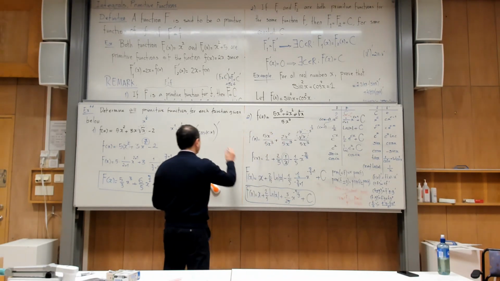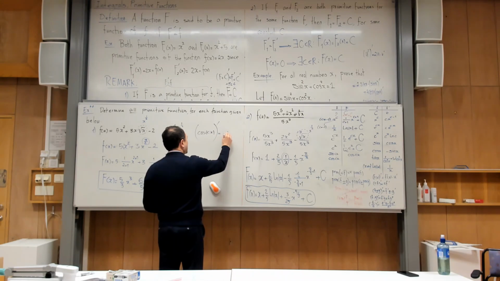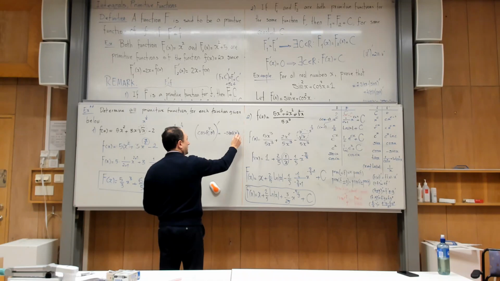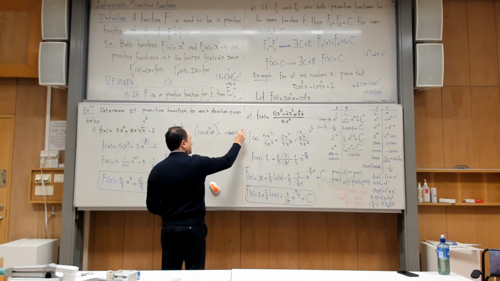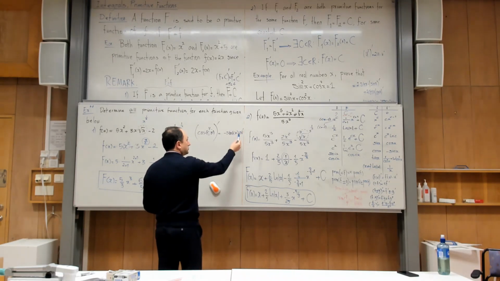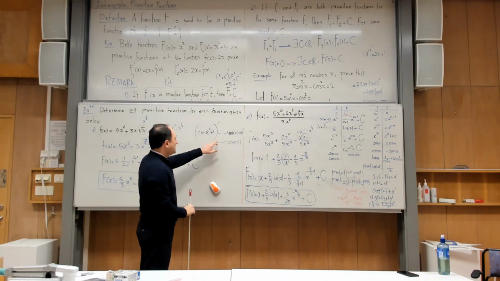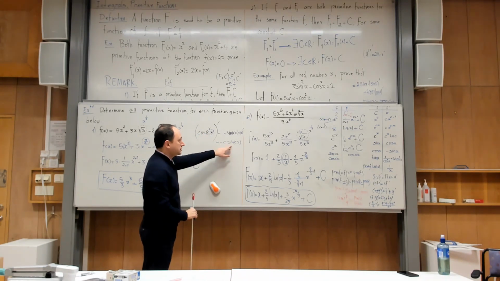So hopefully you agree that this is minus sine cx, because I have to take this one to be u in my head. The derivative of cosine u is negative sine u, but it is not finished. I have to multiply by the derivative of u. So the derivative of cosine cx is minus c sine cx.